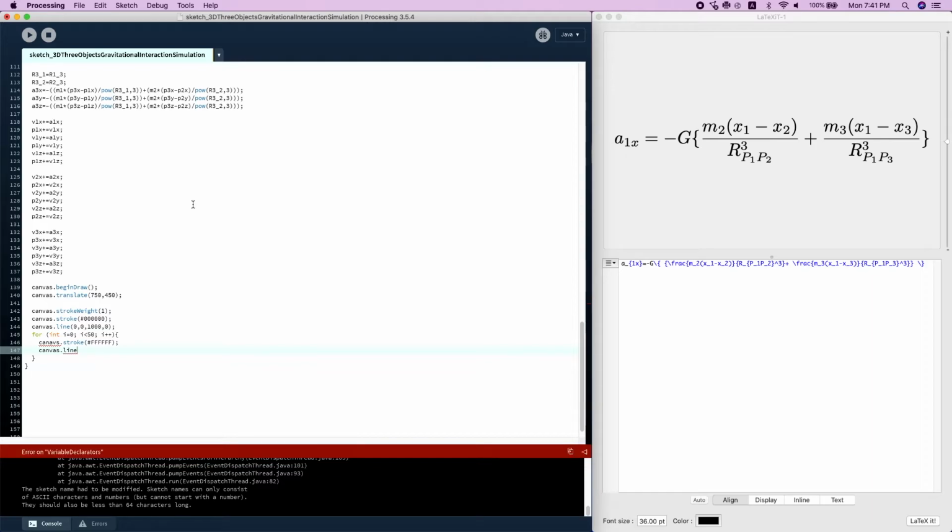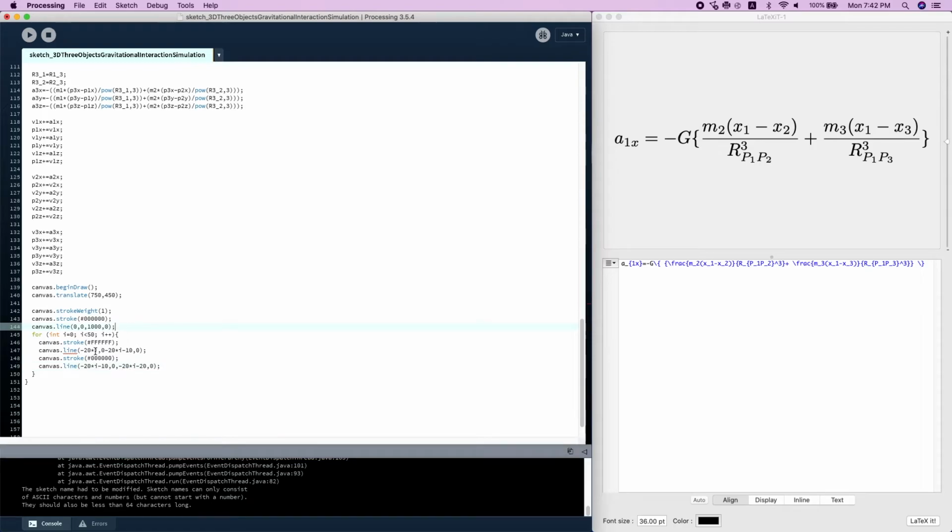I'm going to need to draw a line from -20 times I, comma 0, to -20 times I, -10, so going 10 more from that point, comma 0. And now we assign it to a black line, so a visible line, and from -20 times I, -10, comma 0, I'm going to go to -20 times I, -20, comma 0.